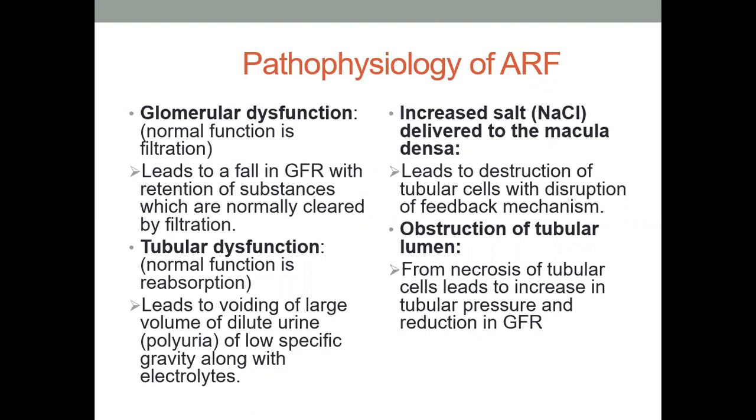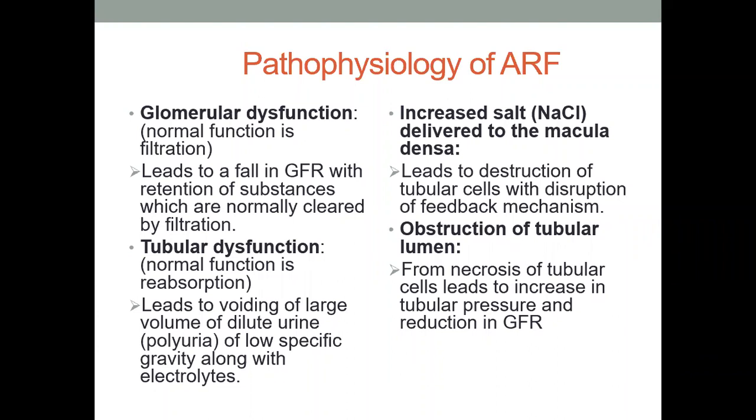Then we can have increased sodium chloride delivered to the macula densa. And don't forget the macula densa plays a role in renal-mediated blood pressure regulation. What happens is that when you have increased salt deposition at the macula densa, it leads to destruction of the tubular cells with destruction of this feedback mechanism.